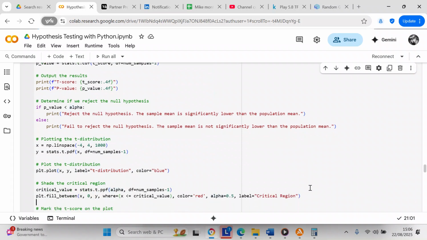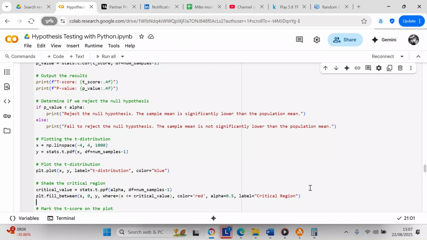Now we're going to shade the critical region. Critical value equals stats.t.ppf, where ppf stands for percent point function, brackets, alpha is 0.05, df equals number of samples minus 1, so that's 149.